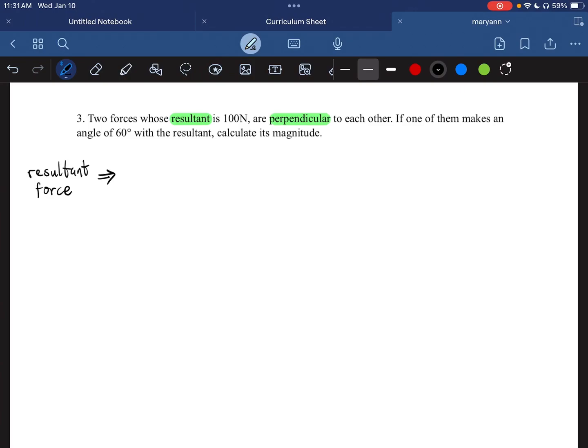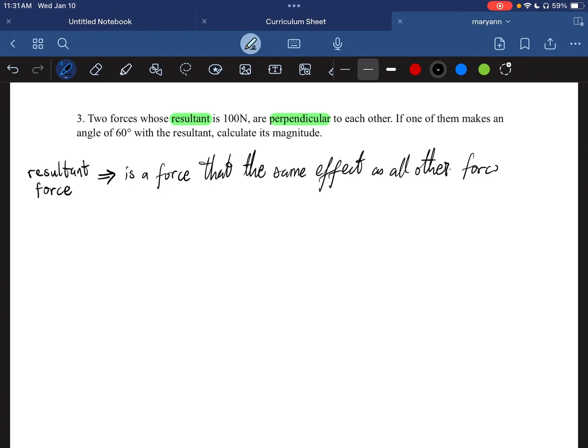The resultant force is a force that has the same effect as all other forces.